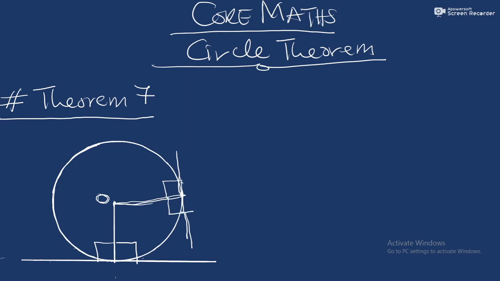This is also 90, wherever the tangent will be. If we draw a line from here, this is a radius. So the angle here is 90, the one here is 90.